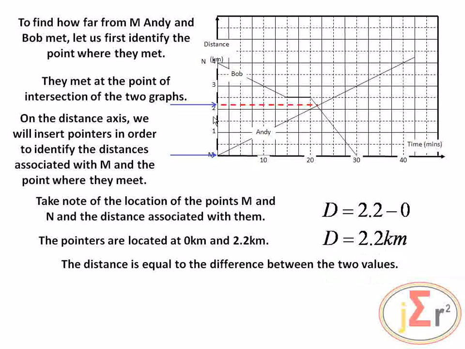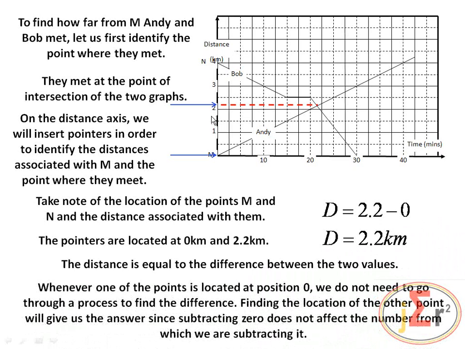So we have 2.2 kilometers. Whenever one of the points is located at position 0, we do not need to go through a process to find the difference. Finding the location of the other point will give us the answer, since subtracting 0 does not affect the number from which we are subtracting it.